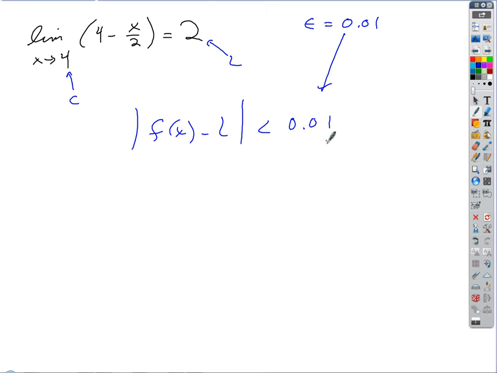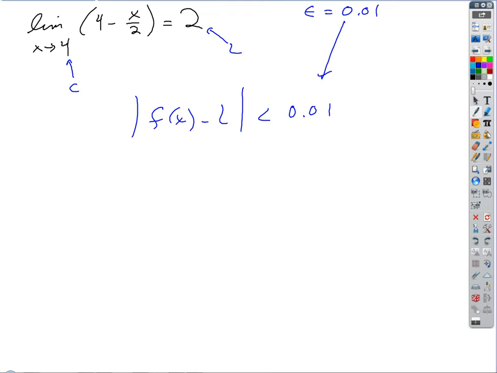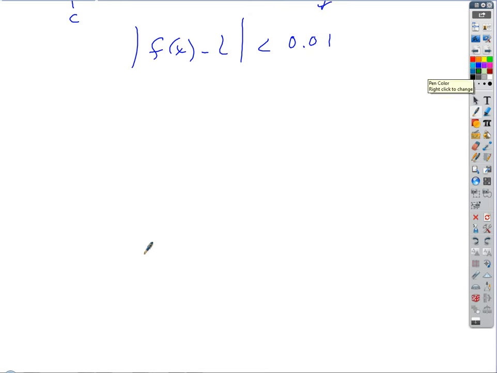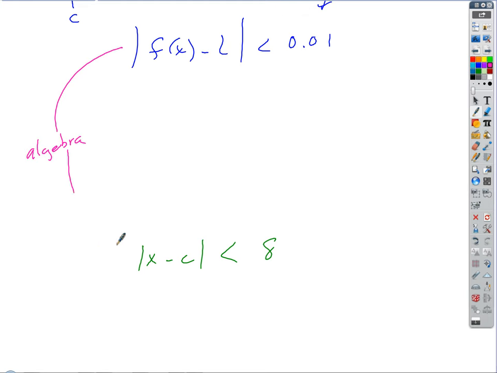I've got to do a bunch of algebra so I can get this down to an expression that looks like this: the absolute value of x minus c is less than delta, and whatever shows up there is going to be my delta. So we have to algebraically get from here down to there.